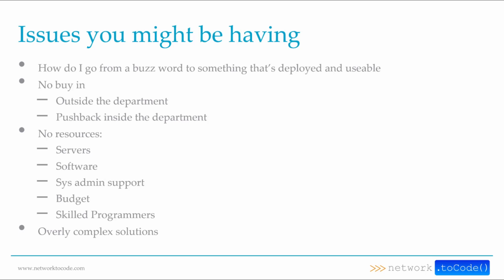As a result, it can be kind of difficult to get servers, software, people with Linux skills, any kind of budget, or anyone that knows anything about programming. And when you can find solutions, they have a tendency to be overly complex. Fortunately, that's not entirely necessary.